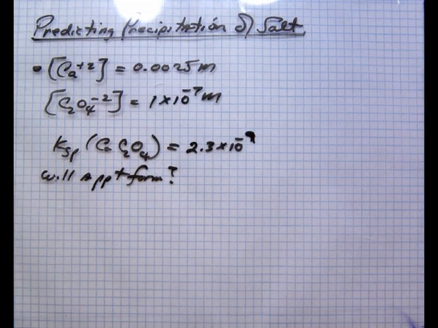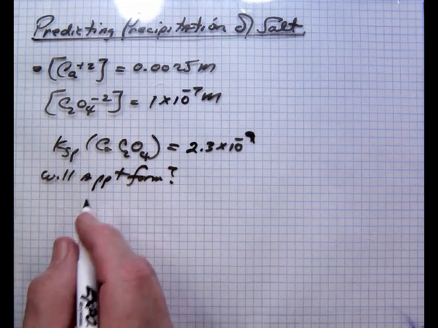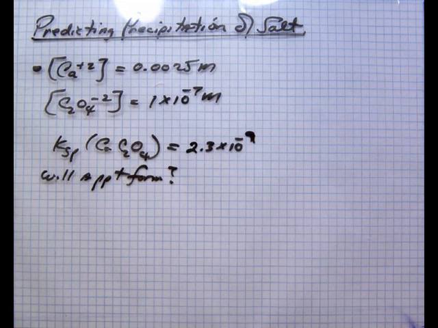Okay, here is the problem. You're given calcium at 0.0025 molar and an oxalate concentration of 1 times 10 to the minus 7 molar. Now, if you pour the two solutions where those concentrations exist, will you get a precipitate? And the Ksp is that value. Well, to get that, it's the Q and K issue again.